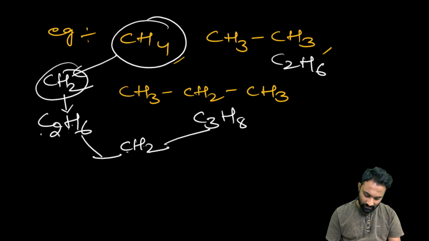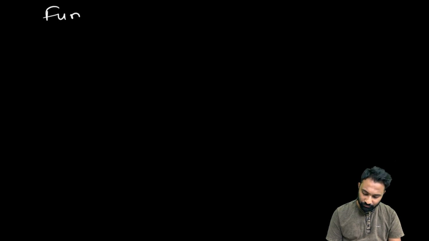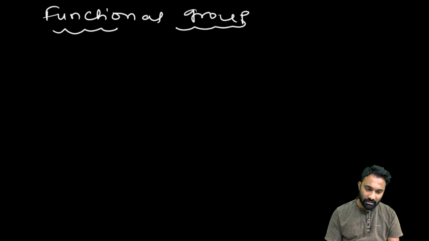Done? Clear? Next we are going to see the functional groups. What are the functional groups that we have in chemistry? What is the meaning of the functional group? This is very, very important. What is the role of the functional group?